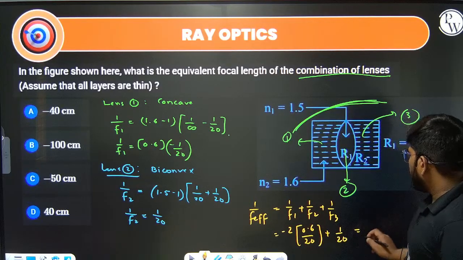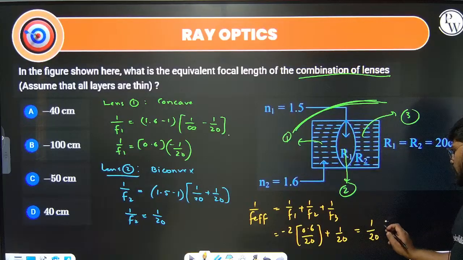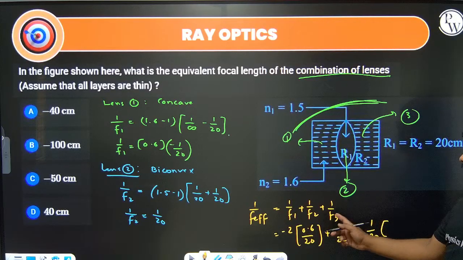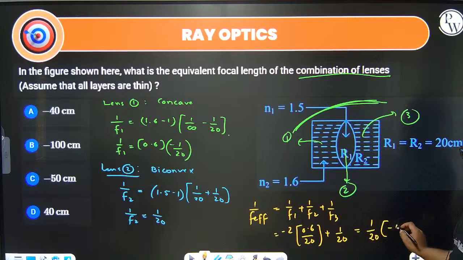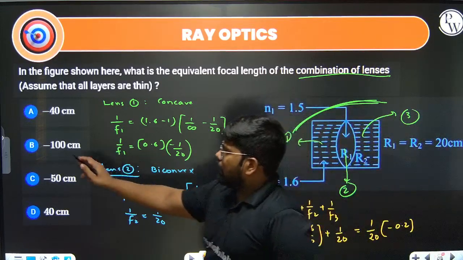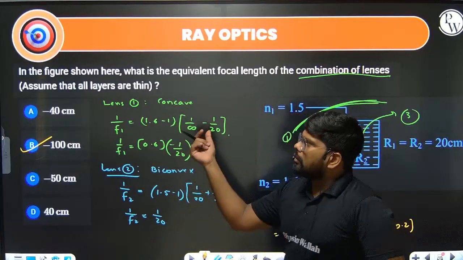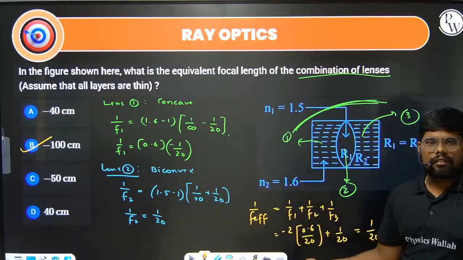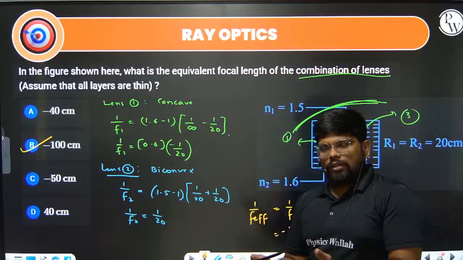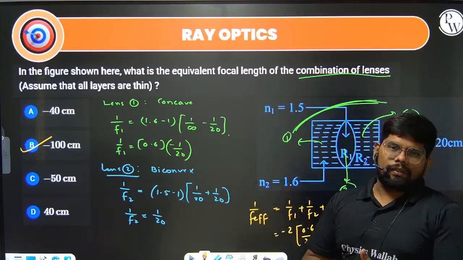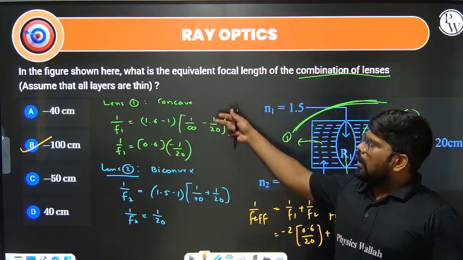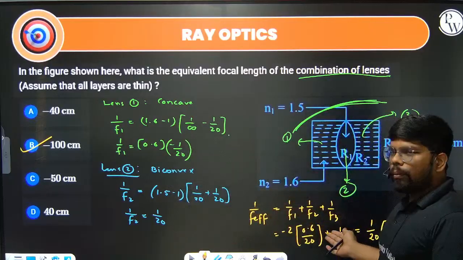If you take 1 by 20 outside, then minus 1.2 plus 1 is minus 0.2, which is 1 by 5. So minus 100 will be the answer. Assuming all are thin, this is the maximum they can ask on combination of lenses, nothing more we can expect. Simple formulas: how to find focal length, how to find combination, that's it.